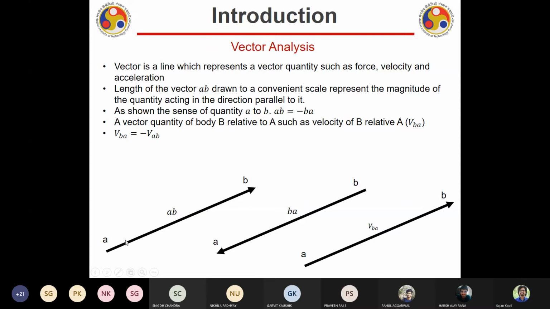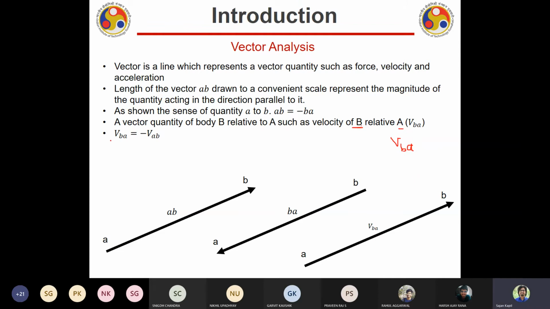Fine. A vector quantity of body B relative to A, such as velocity, for example the velocity of B with respect to A, can be written as VBA.